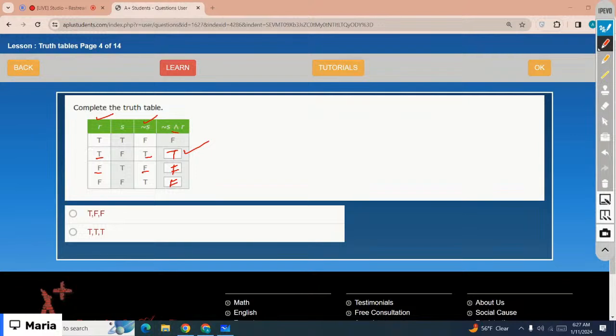The and is true only if both the conditions are true. The correct option is true, false, false. Option number one is the correct option. Got it?